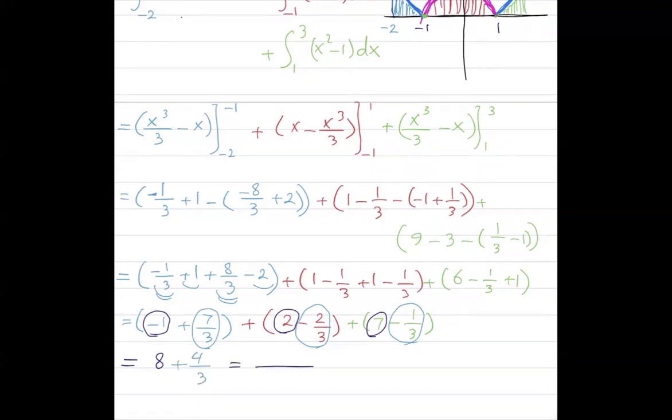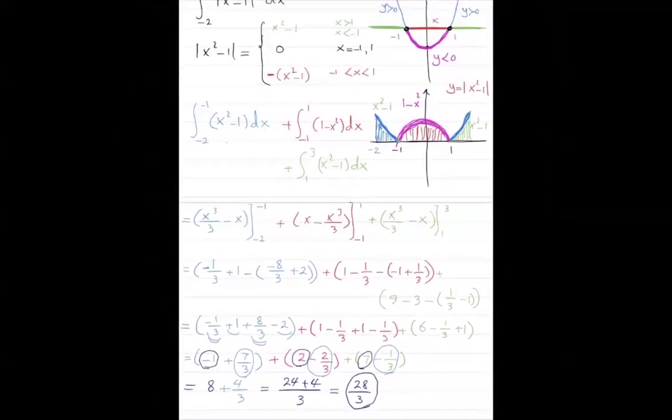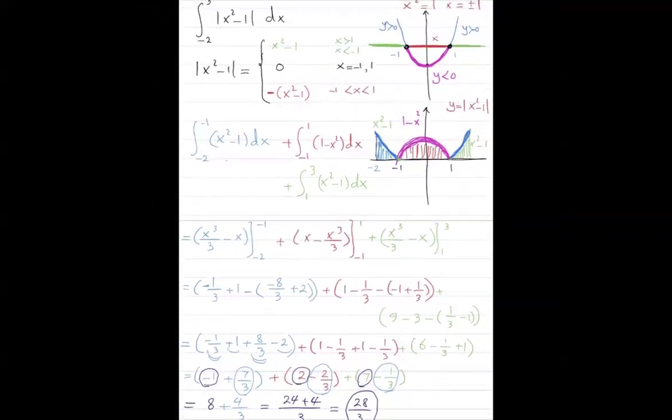If you take a common denominator between them, 24 plus 4, or 28 divided by 3. So we broke down this absolute value into smaller pieces so we can analyze the definite integral, and we divided that into 3 integrals.